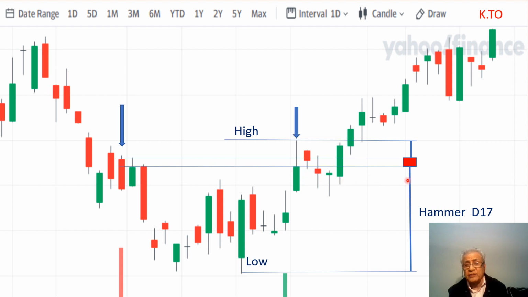You have to enter the market on the candle which closes above the closing of this candle. So this candle closes here, and the next one is this one, which closes above this. So you enter the market here and you get the whole benefit of this upward trend.